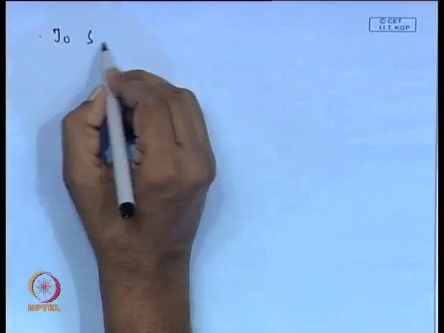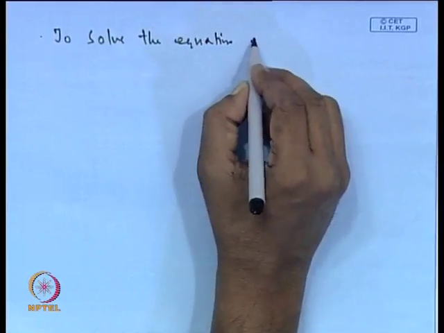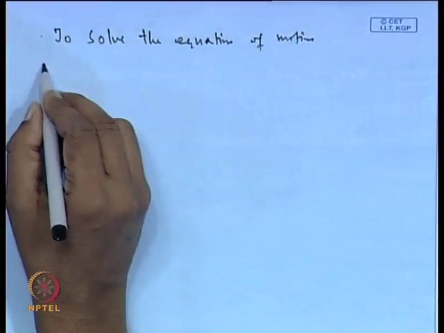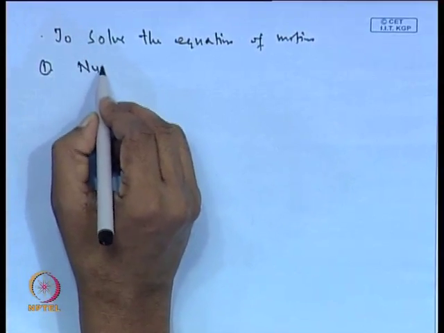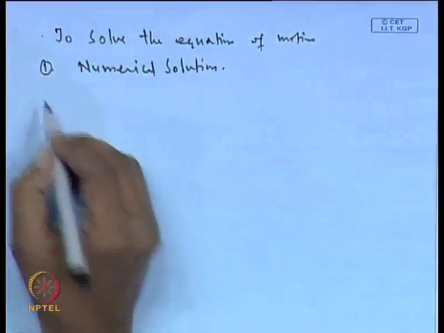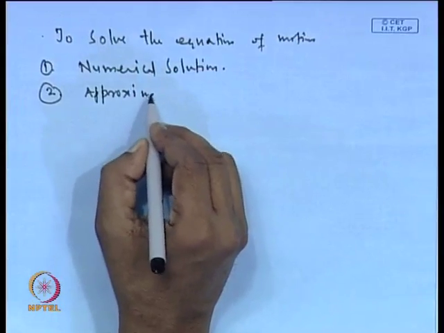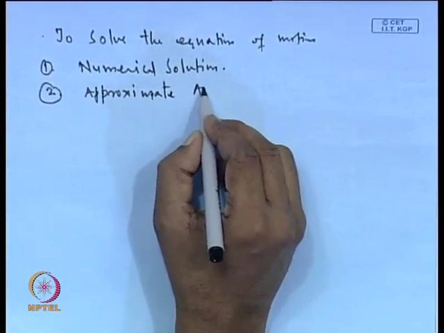So, now to solve the equation of motion, we can choose some of the approaches. Suppose the first approach to solve the equation of motion: we can opt for a numerical solution, or we can do approximate analytical analysis.